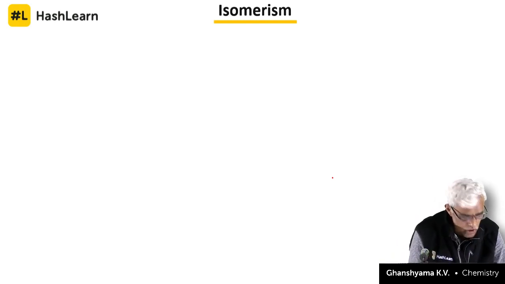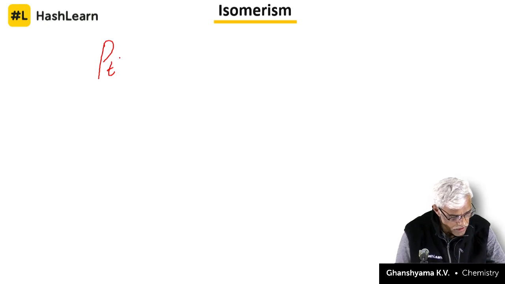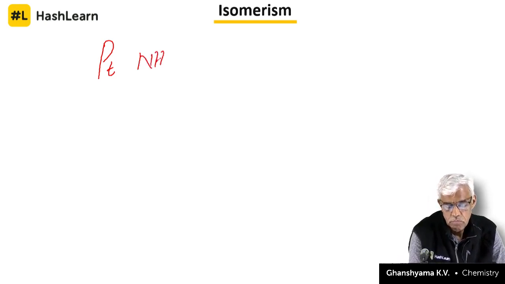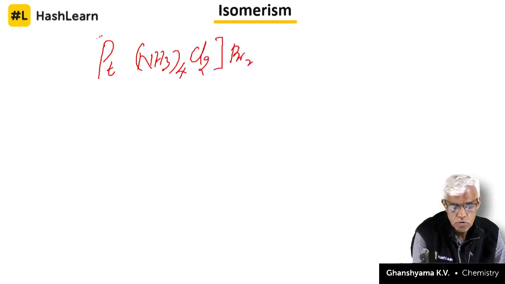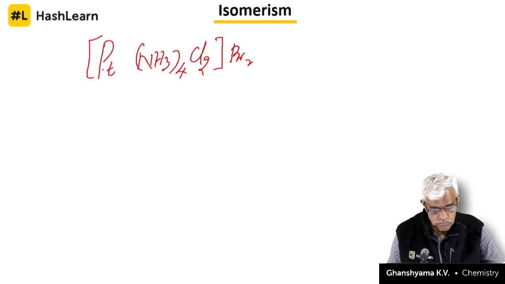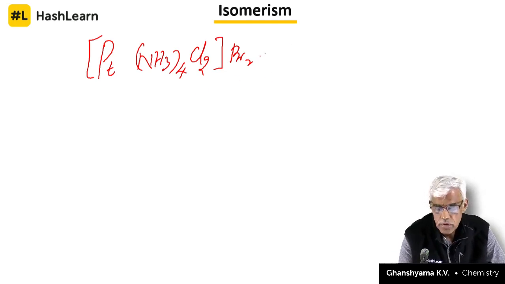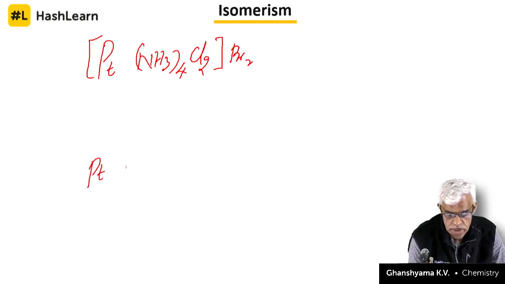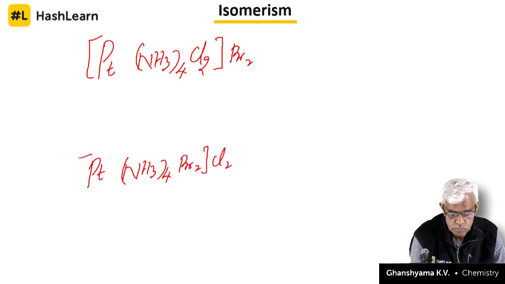I'll give you a few more. Pt(NH3)4Cl2 Br2, and Pt(NH3)4Br2 Cl2.